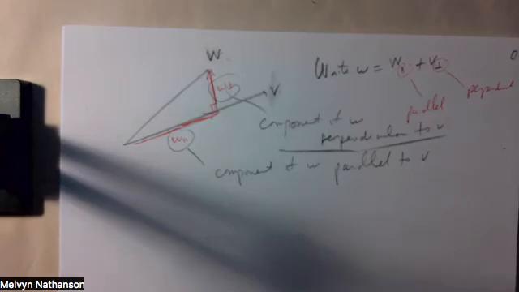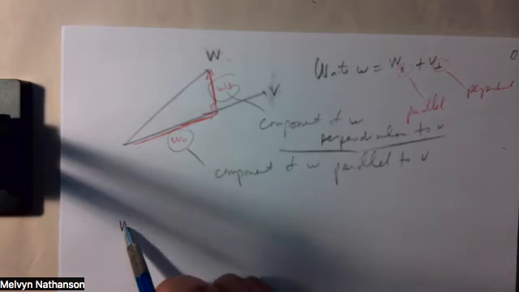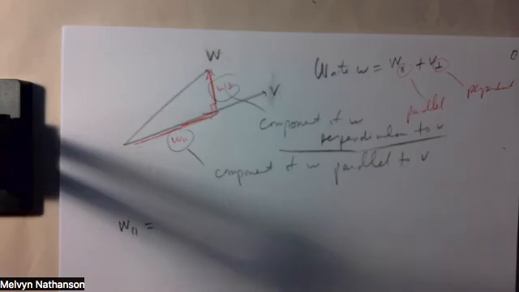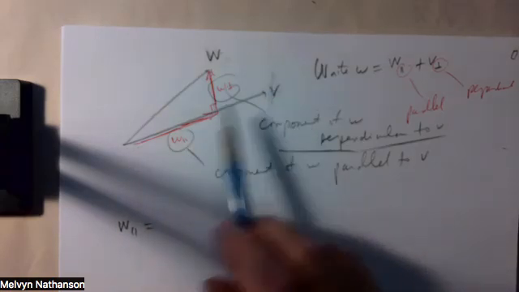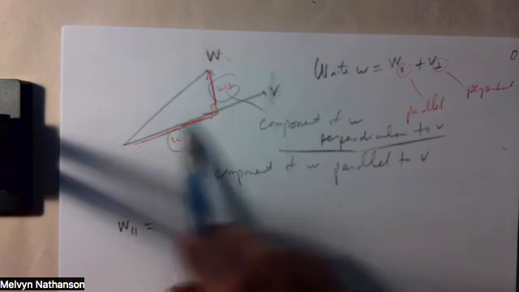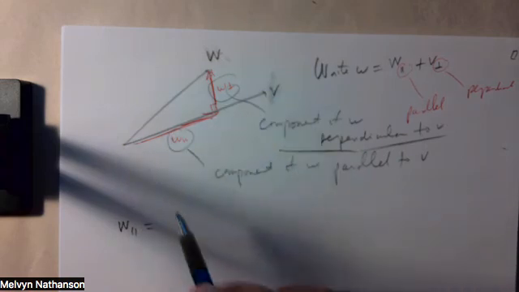And the question is, how do we find these things? The only time perpendicular makes sense is if you have this inner product. Suppose I take the w parallel. If this is going to be a vector parallel to v, it has to be some scalar multiple of v.